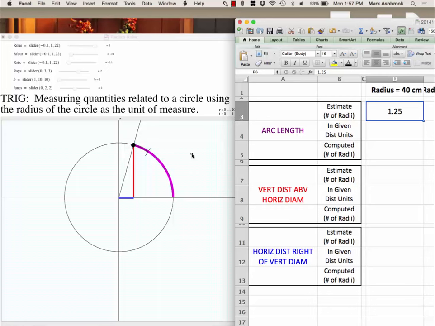Is it 0.1? What would you say? And while you're talking, this one as well. This blue length, the horizontal distance to the right of the vertical diameter on the circle. If you were measuring it in terms of the radius length, what would you estimate? So talk about those two. Talk about it.